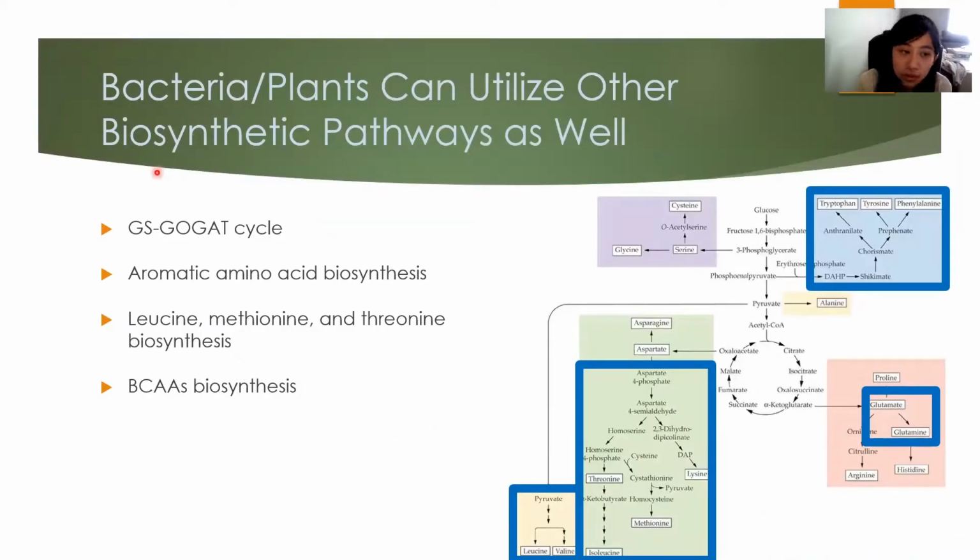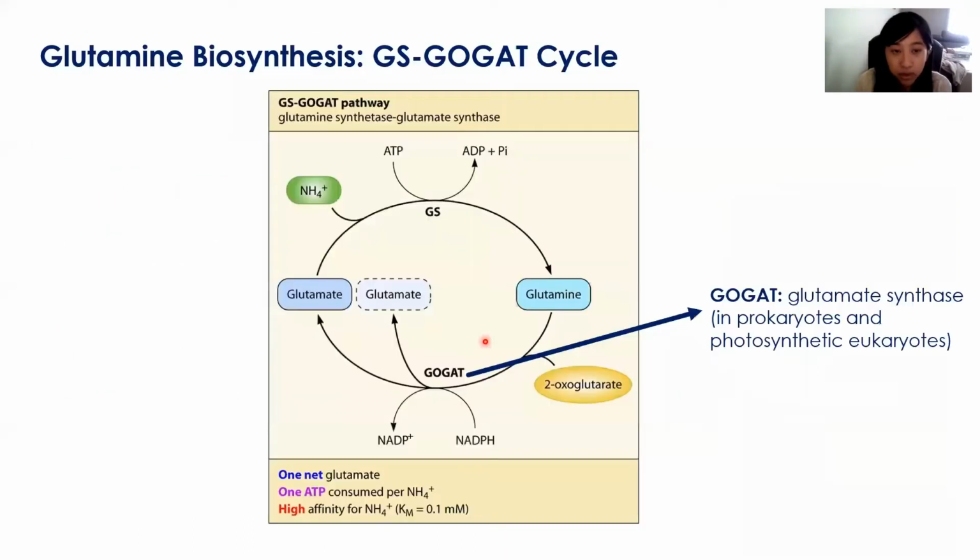Now we're going to go over the biosynthetic pathways in bacteria and plants. Bacteria and plants can also use other biosynthetic pathways that we do not possess. So one of these pathways is the GS-GOGAT cycle.